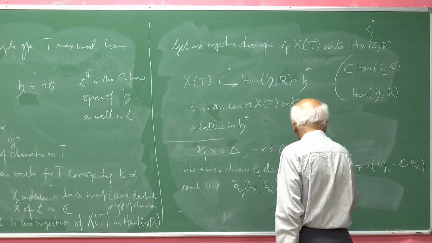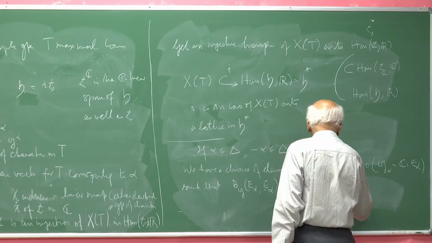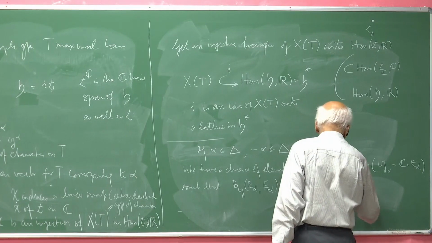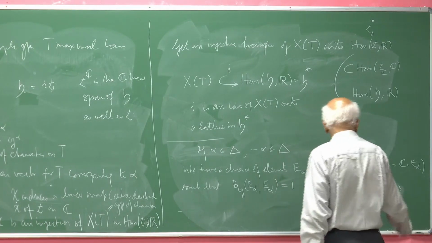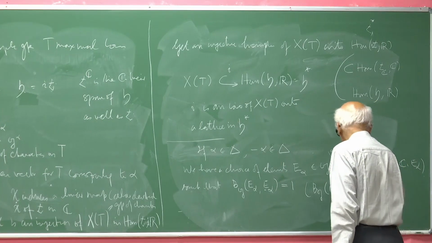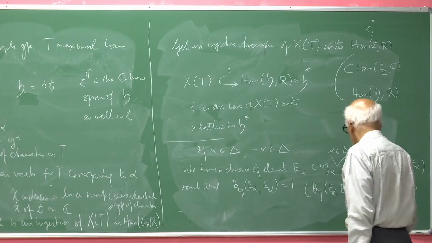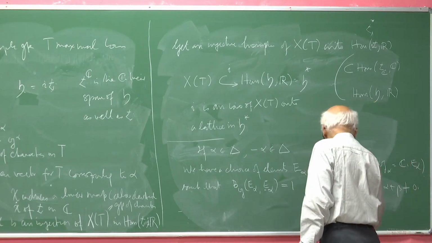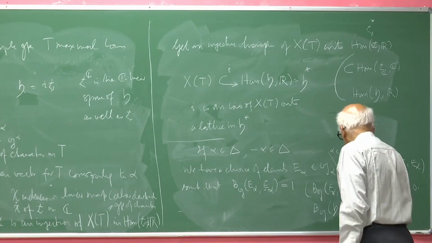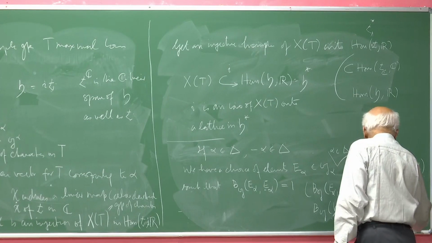Of course, we also have Bg of E alpha, E beta is 0 if alpha plus beta is not 0. And also Bg of H, E alpha is 0 for every alpha in delta.